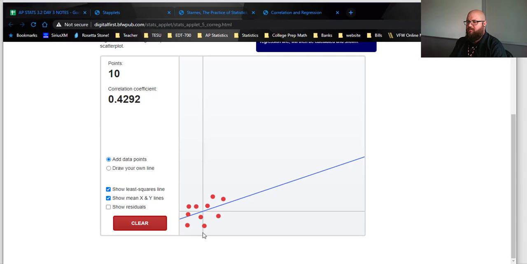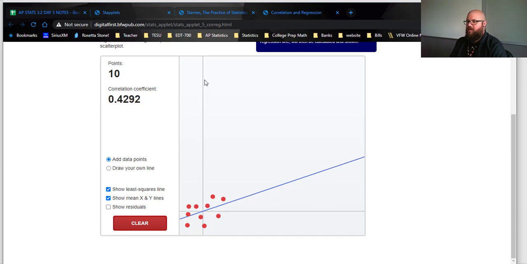We put our dot down here again, and the correlation jumped down to 0.3507. As you can tell too, our line is not changing as far as the slope, staying constant. However, the y-intercept is decreasing, okay?